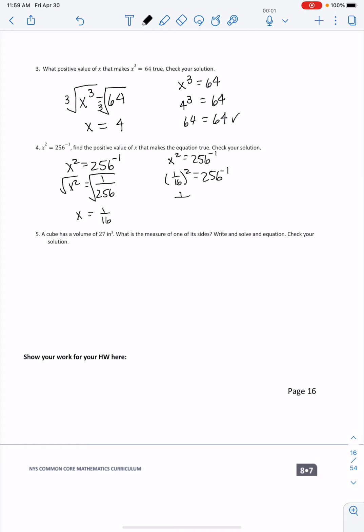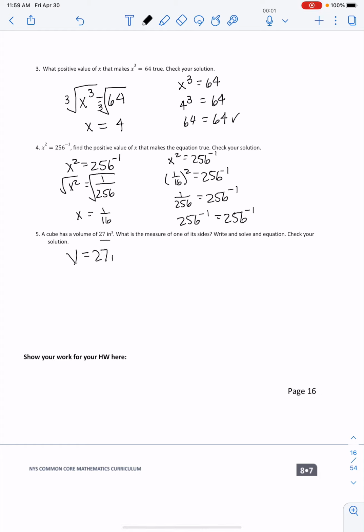Our last problem is a cube has a volume of 27 inches cubed. What is the measure of one of its sides? Write and solve an equation and check your answer. Well, our volume is 27 inches cubed. Remember, volume is side cubed equals 27. So we're going to take the cube root of both sides. So in this respect, S equals 3 inches.